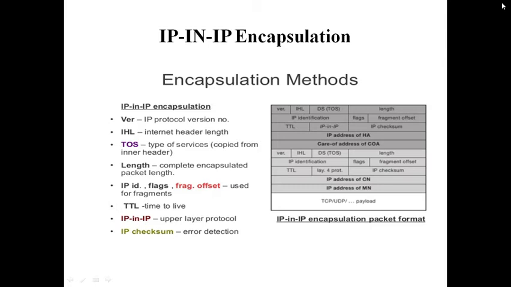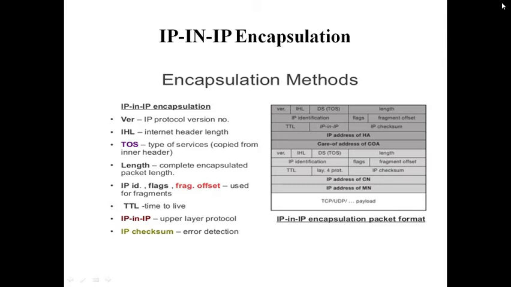Okay, so here TTL is important. No matter how many real hops the packet takes in the tunnel, it is only one logical hop for the MN. Hop means just moving, like the packet has first stepped on the home agent, and now from the home agent to the care of address.